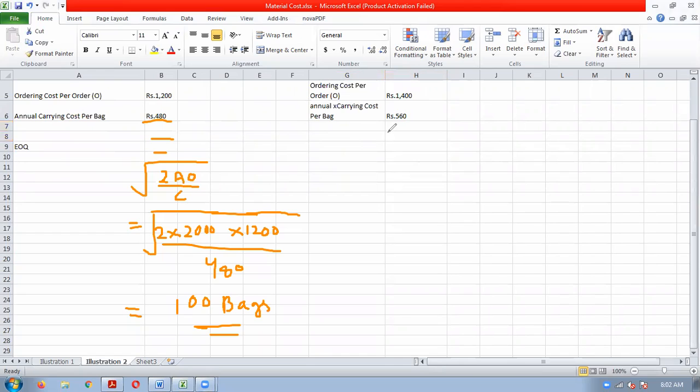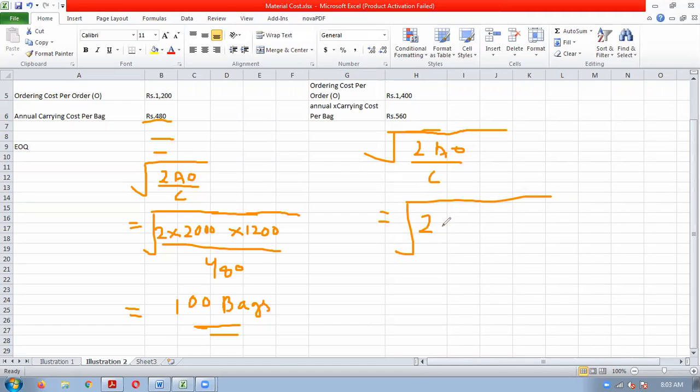EOQ for Nature's Own will be square root of 2AO divided by C. Same formula, only the numbers will be changing.